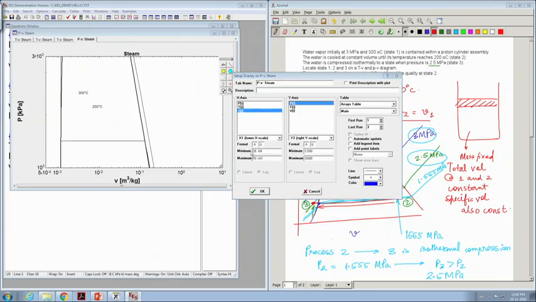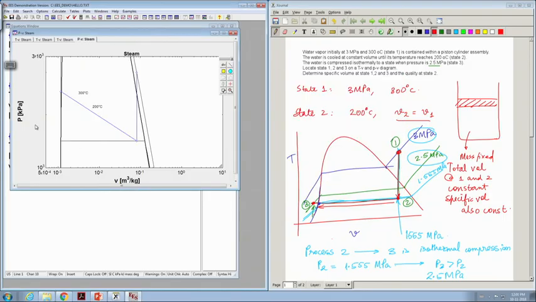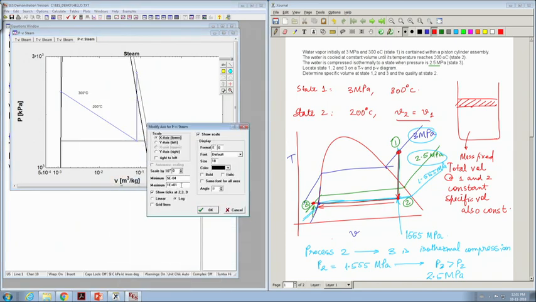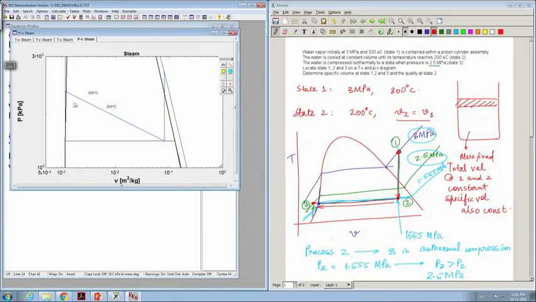So, one moment. So, this is obviously wrong. The process actually does not happen like this. Okay.